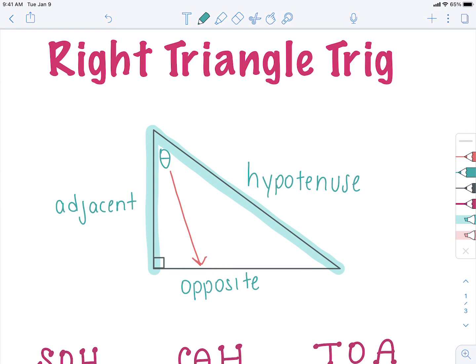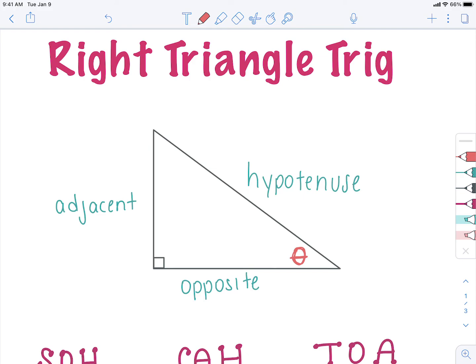So the tricky thing about this now is if I decide to move my angle. If I say, okay, now I'm going to use my angle here, my opposite side and my adjacent side switch. So they're not always going to be the same.